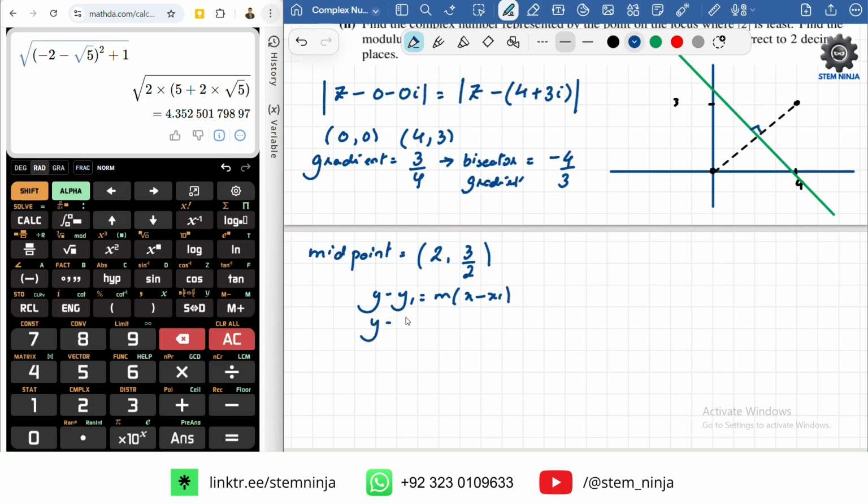So y minus 3 by 2 equals minus 4 over 3 times (x minus 2), sorry, 2 and not 4, because it's passing through the midpoint. Since you have 2 and 3, multiply this entire equation by 6. You get 6y minus 9 equals minus 8x plus 16.